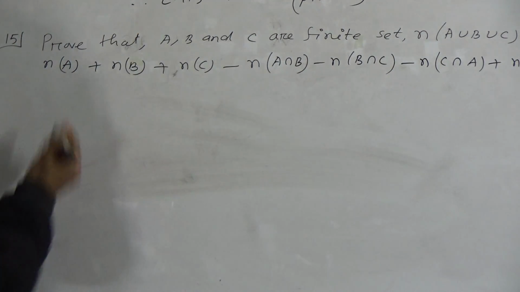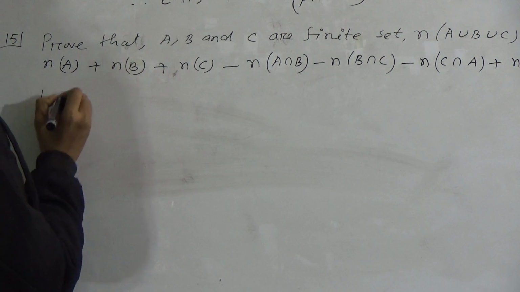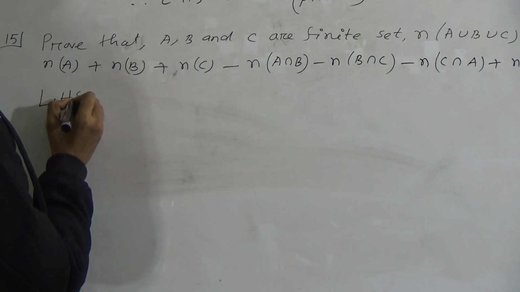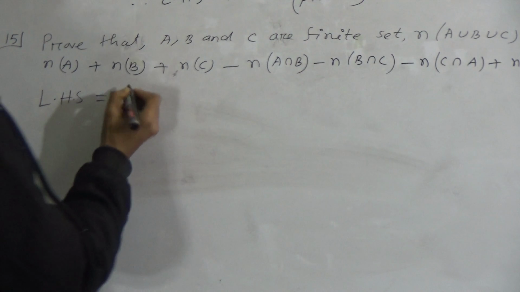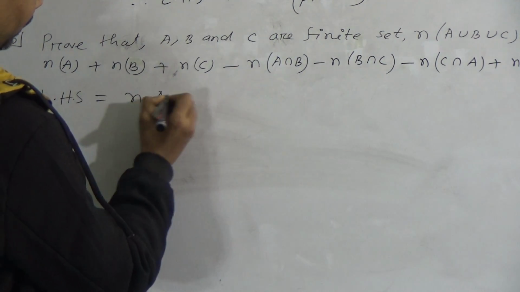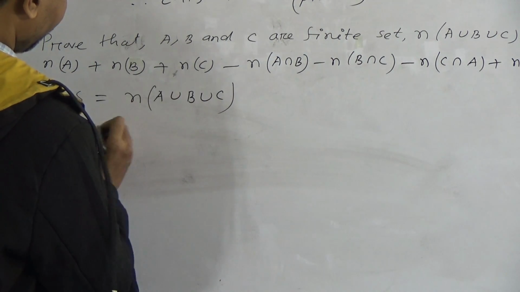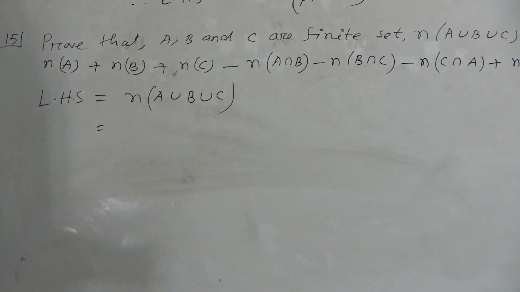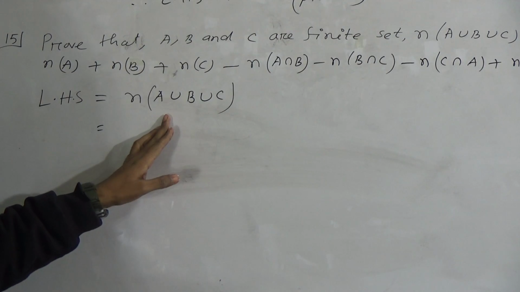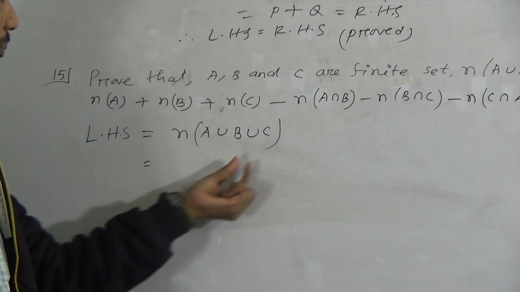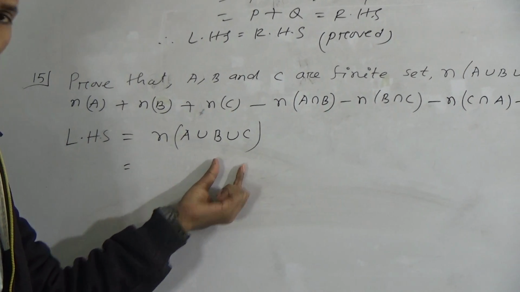Okay student, now write the left hand side. The left hand side is number of A union B union C. Consider A as one set and B union C as the other.